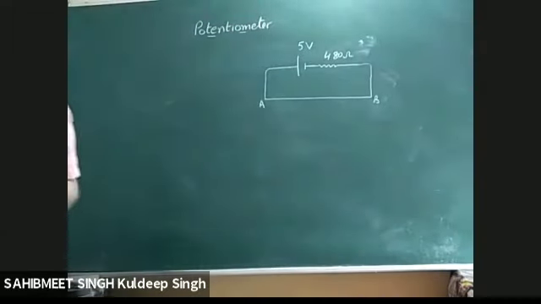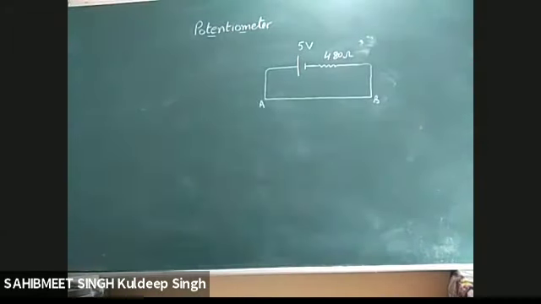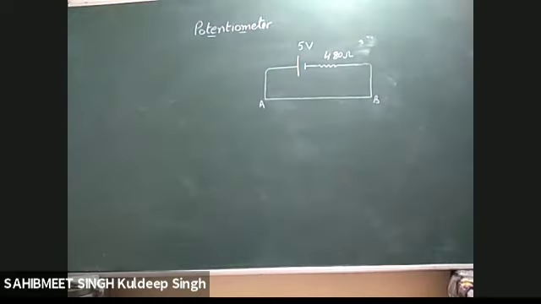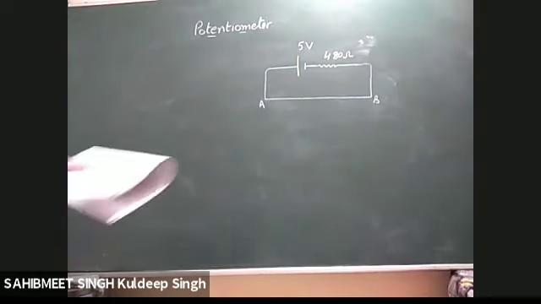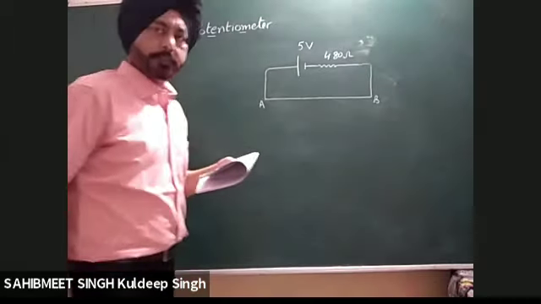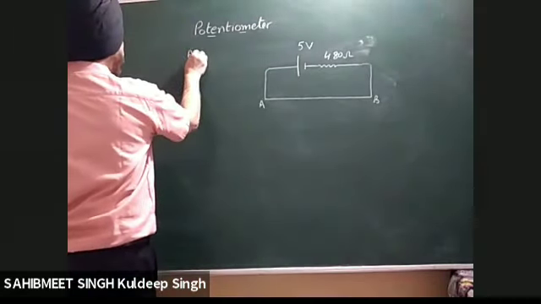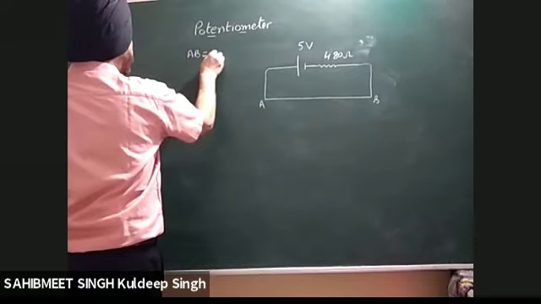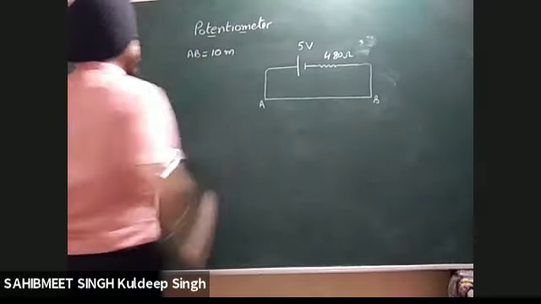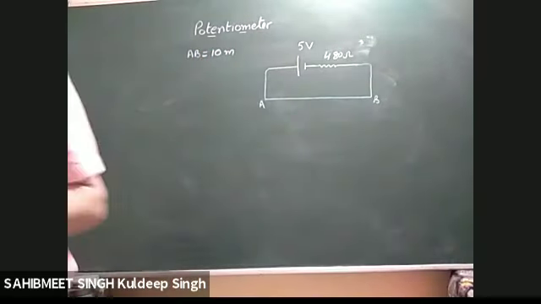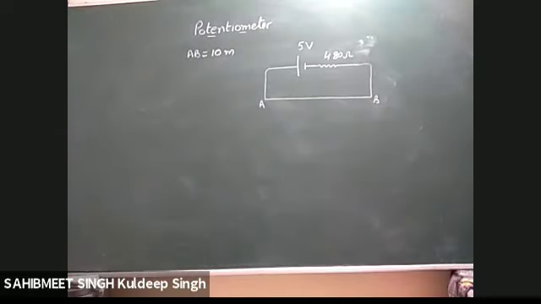This is the potentiometer wire AB, and its length is given as 10 meter. Note down, 10 meter is the length given.